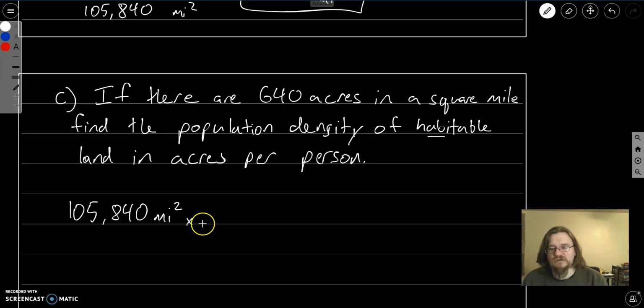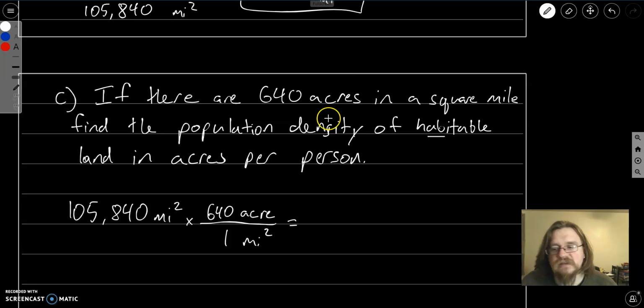So what I will do is we'll divide. I want to cancel the miles squared, so I'll put miles squared on the bottom, and I'll put acres on the top, so that after they cancel, we're left with acres, and the miles have gone away, which is what we want. We want this in terms of acres. So how many acres are there per mile? Well, there's 640 acres in 1 square mile.